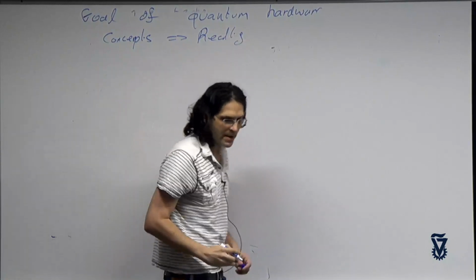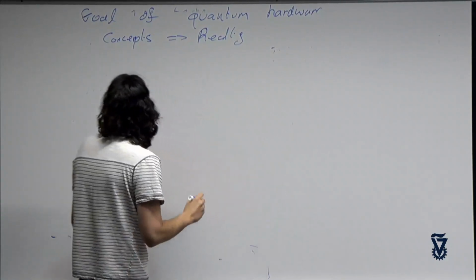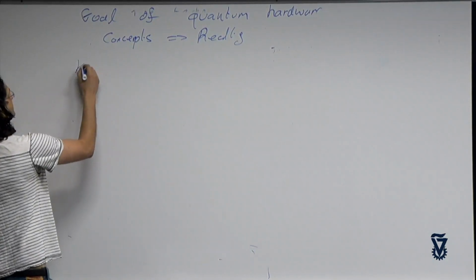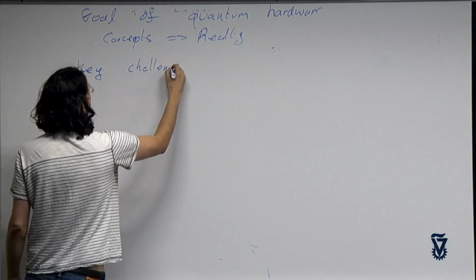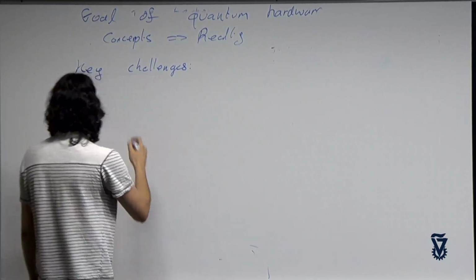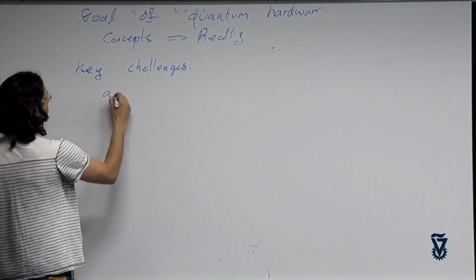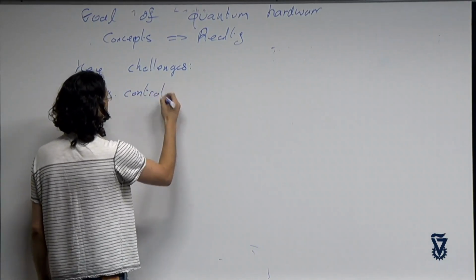This is the main goal. You choose something, it needs to be able to do that. Okay? And the key challenges for any technology are basically, one, you need to have control over the individual constituents.